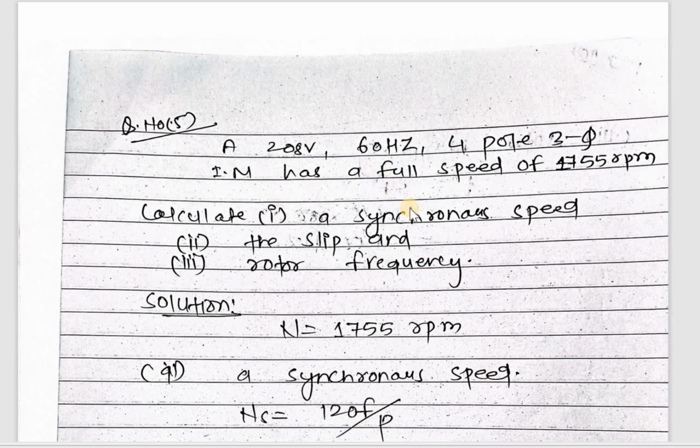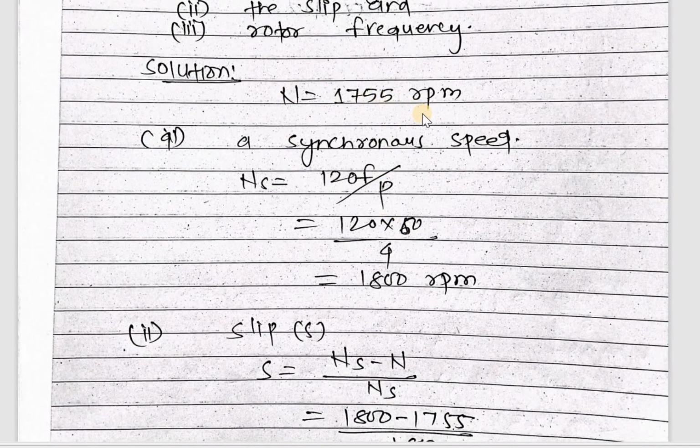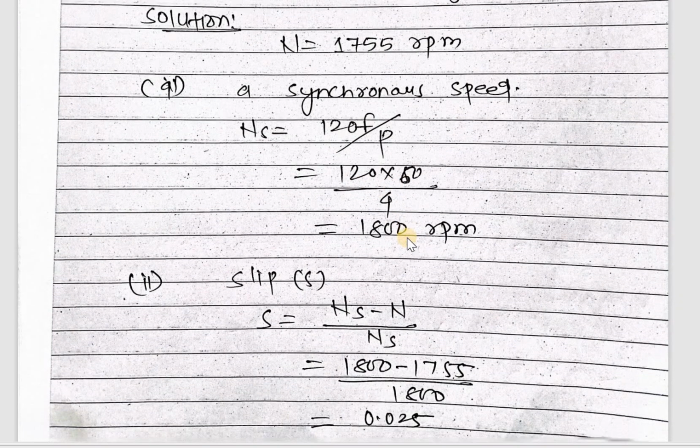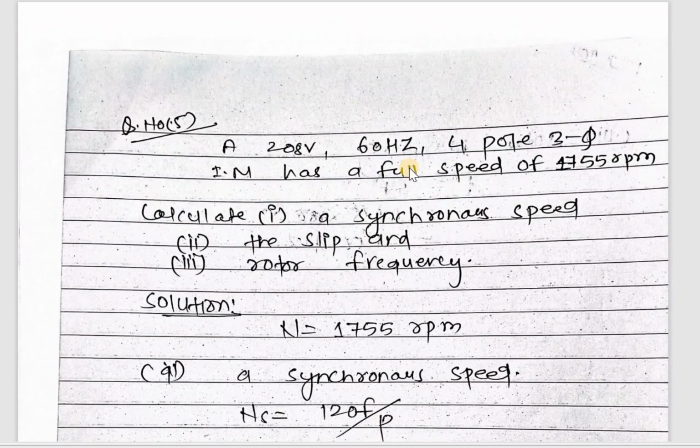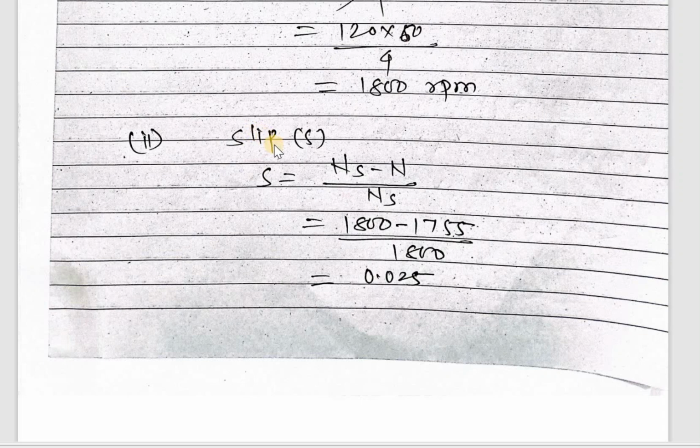Similarly, the next problem is, a 208 volt 60 Hz 4 pole 3 phase induction motor has a full load speed of 1755 rpm. Calculate synchronous speed, the slip and rotor frequency. First of all, the value of N is given, 1755 rpm, and we know synchronous speed equal to 120 f by p, that is 120 into 60 by 4, that is 1800 rpm, and slip S equal to (Ns minus N) upon Ns.